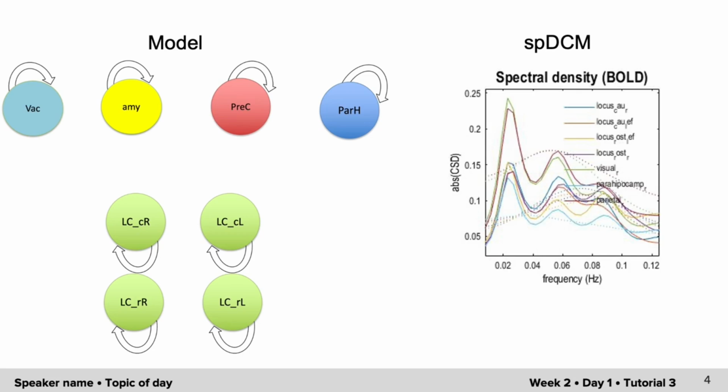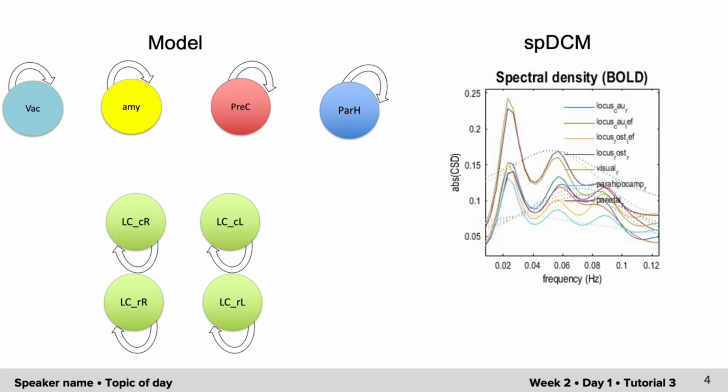We use the data from the resting state, so this is a spectral DCM. The difference with the normal DCM is that in this case we are replacing the original time series with second-order statistics, in this case the cross-spectrum.